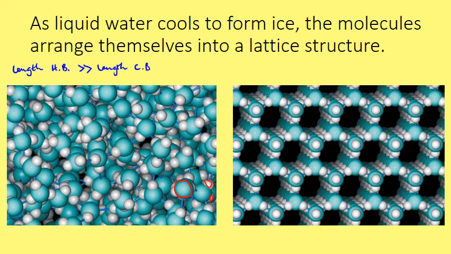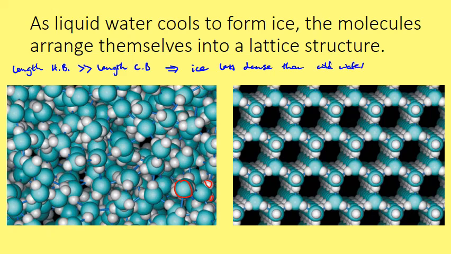So what that means is that when we get ice, the water molecules are actually further apart than in water, because the hydrogen bonds are a longer length and they keep the water molecules further apart from each other. So that means that ice is actually less dense than cold water.